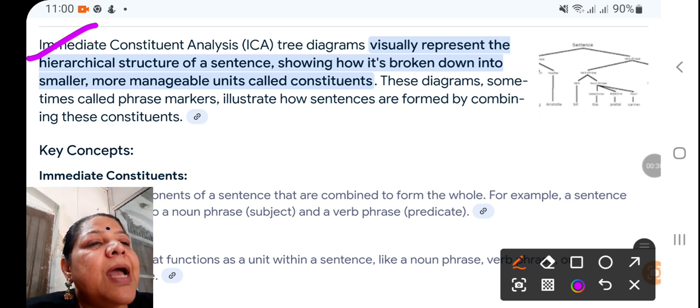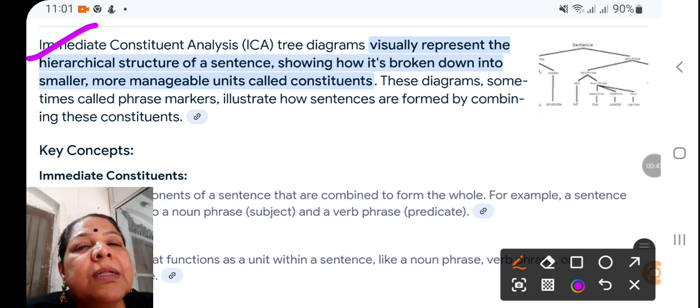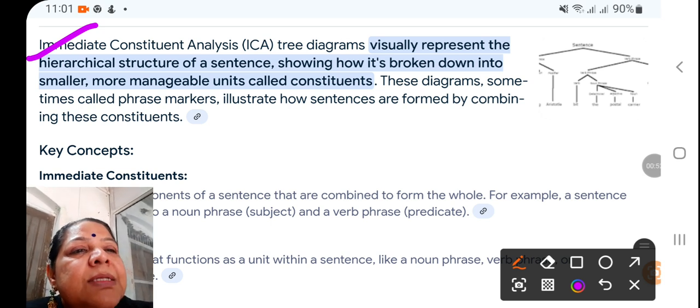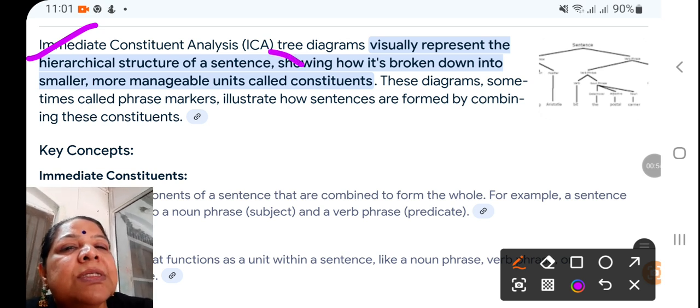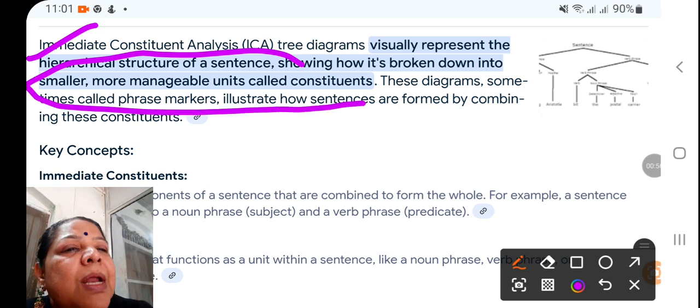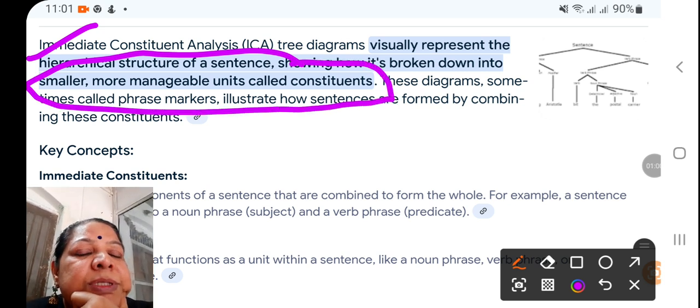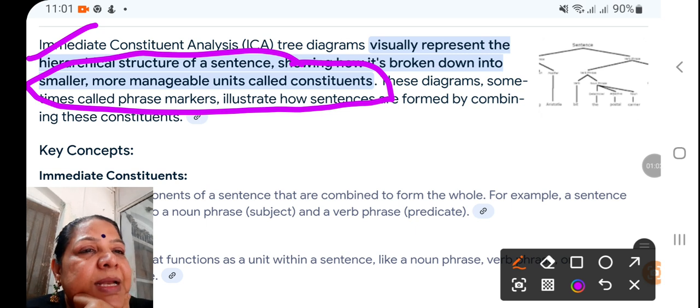ICA tree diagrams visually represent the hierarchical structure of a sentence, showing how it's broken down into smaller, more manageable units. So that is a sentence which is divided into smaller and more manageable units. So this is called IC analysis.